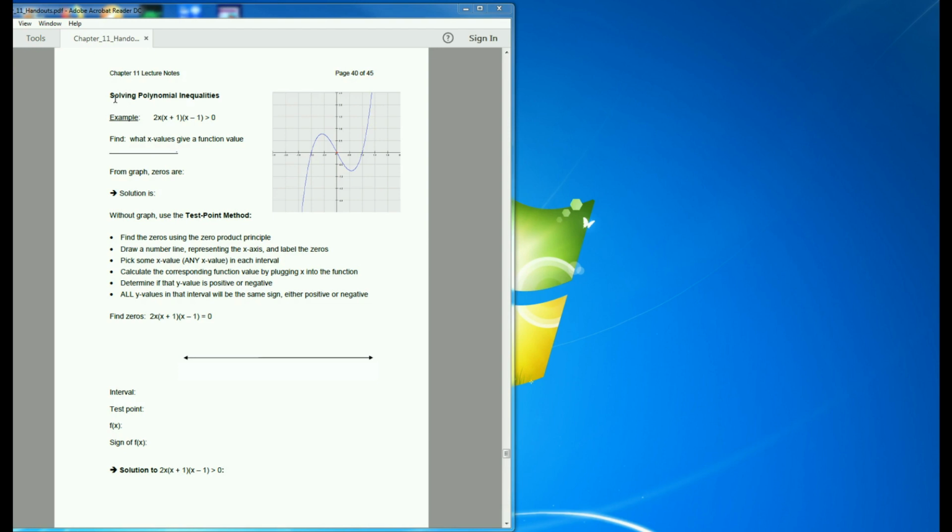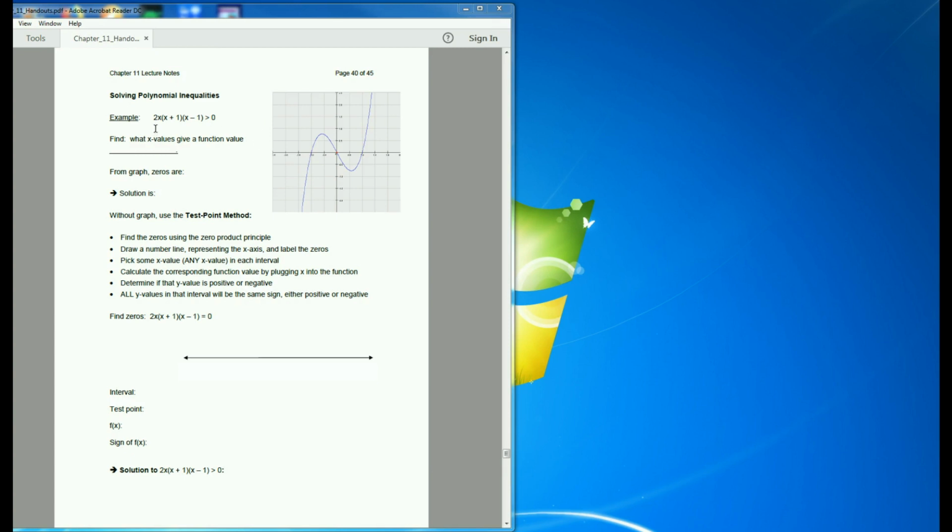But looking at the problems in this section, specifically page 851 in the book, they are all already factored for you. So don't get scared off by the cubics. They've got them all factored. All right, so let's look at this one.